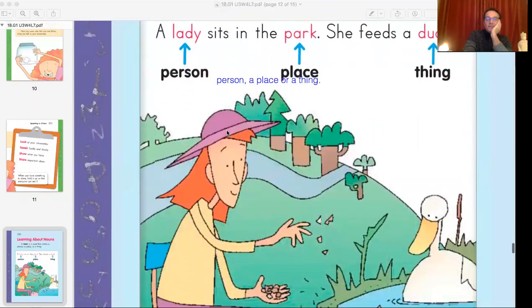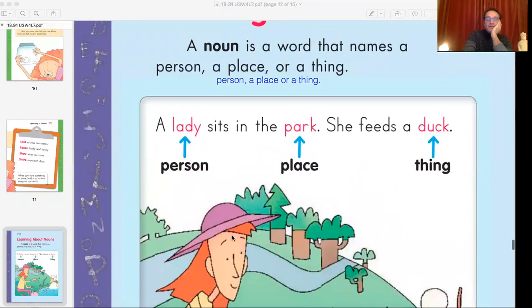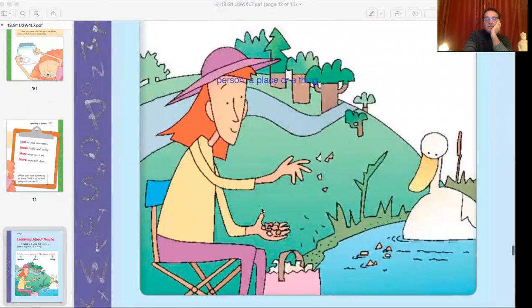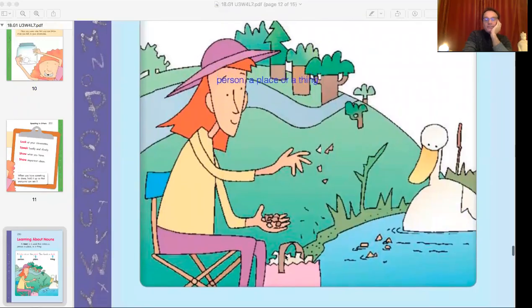A lady, look right in this sentence, here's a person, here's a place and a thing, and these are all nouns. A lady, that's a person, sits in the park, that's a place, and she feeds a duck, that's a thing. Nouns. Can you see nouns in this picture right here? Can you see nouns in this picture?